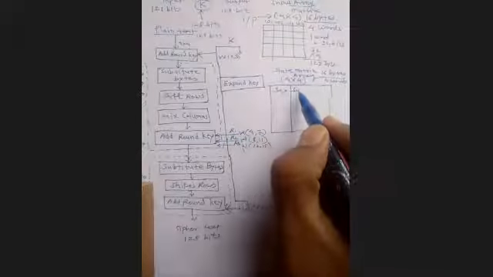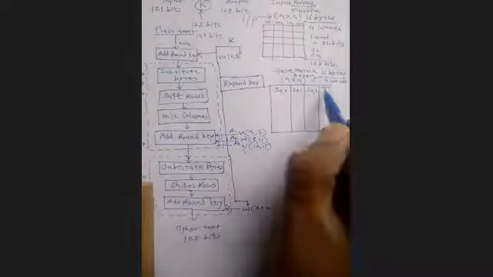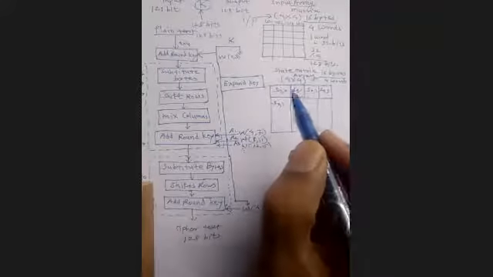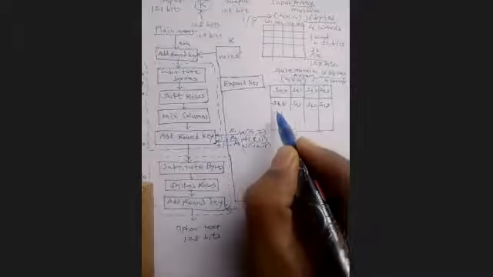So the state that I have taken S 0,1, S 0,2, that is the first row, S 0,3. Likewise in the same way you have to go for S 1,0, S 1,1, 1,2, 1,3.